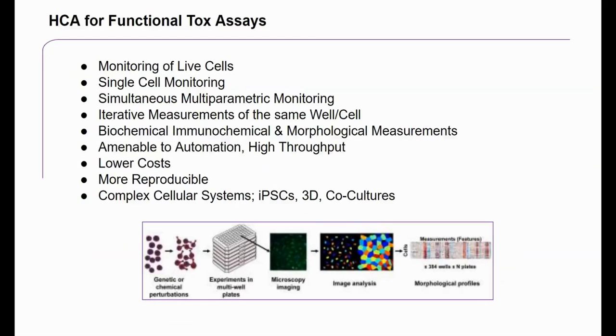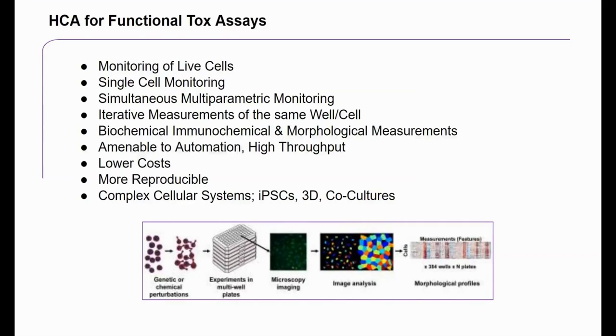Now, I'll give a very brief description of high content analysis because there will be more in-depth discussions of the overall technology available in some of the talks that are coming up subsequently. We'll talk about those later on. But basically, high content analysis is where you set up a cell-based assay in a multi-well plate, and then instead of taking a simple readout with a plate reader, you actually use an automated microscope to image the cells in the well.